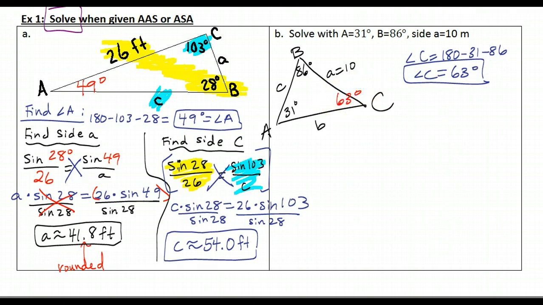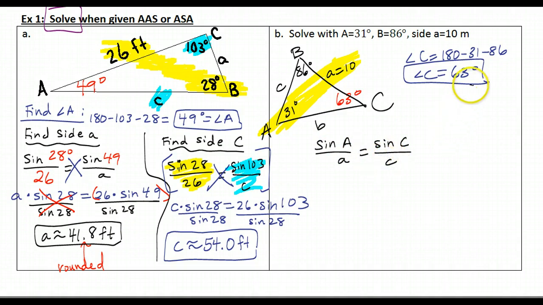Now I need to find my sides. So this time the side angle pair that I am given is angle A. Then I need to decide, so should I find angle C first or should I find angle B first? We're going to want to find angle C first. And just so you know, if you're a really big formula person, this is the part of the law of sines I'm going to use.